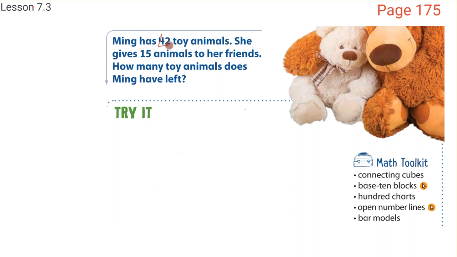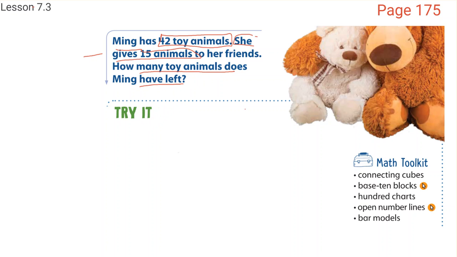That's how many she has right now. She gives 15 away. When it says she gives them away, that means it's a subtraction problem. To her friends. And then they want to know how many toy animals Ming has left.